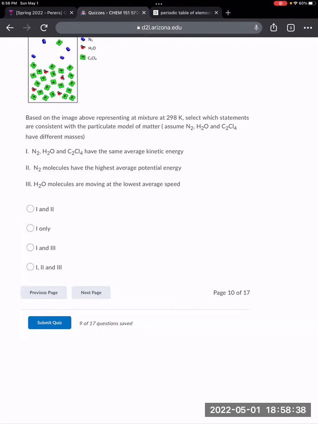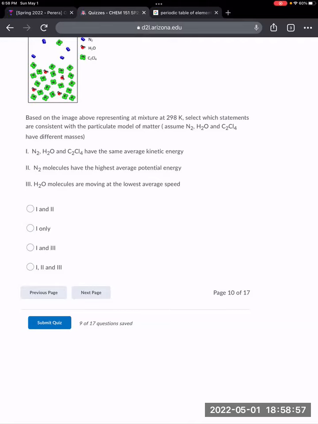So just like that, when the particle is heavier compared to a different particle, that particle must be moving slower. And on the other hand, if the particle is lighter, it must be moving faster to compensate for the lack of the mass, because kinetic energy is half mv squared.